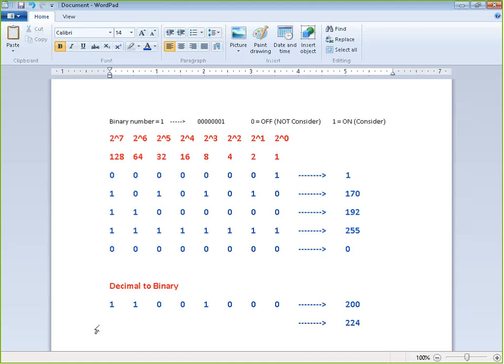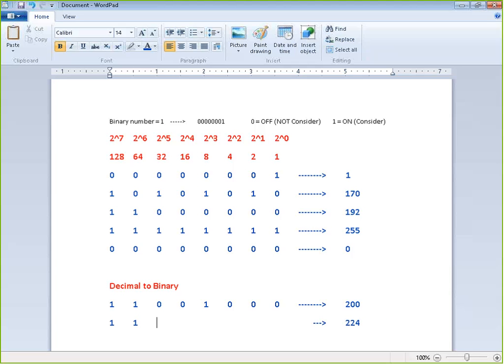Let's start off again with the same logic. The first section is 128. 128 is less than 224, so I have to put a 1 here. The second section is 64, so 128 plus 64 is 192, and 192 is less than 224, so I need to put a 1 here.